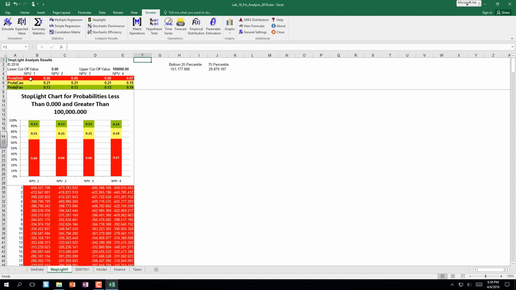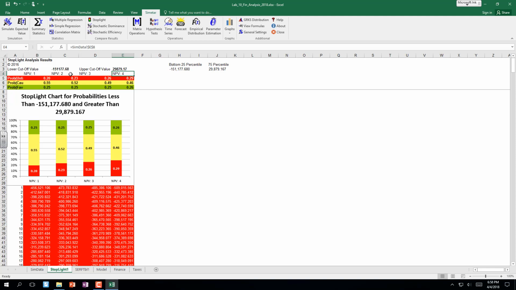Hang on. We're going to say this is equal to the bottom 25th percentile, and this one is equal to the upper. Okay? And it always gives me red, yellow, green, and it's not overwhelming.